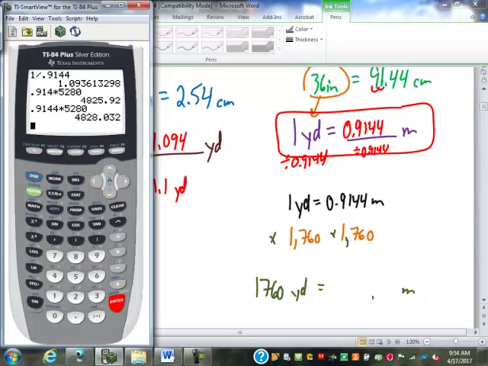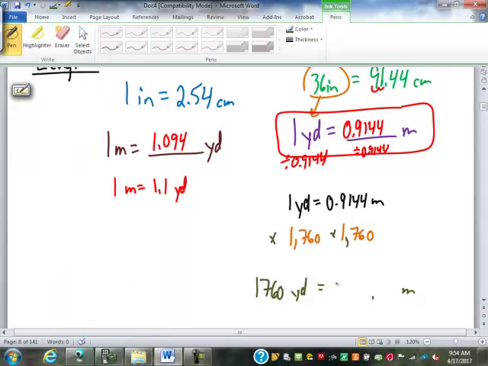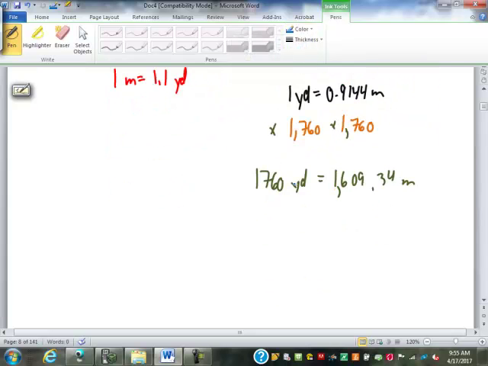So it should be 1,760 times 0.9144. There you go, 1609.34. Hopefully I put my decimal in the right spot. So what that is saying is 1,760 yards is 1 mile.